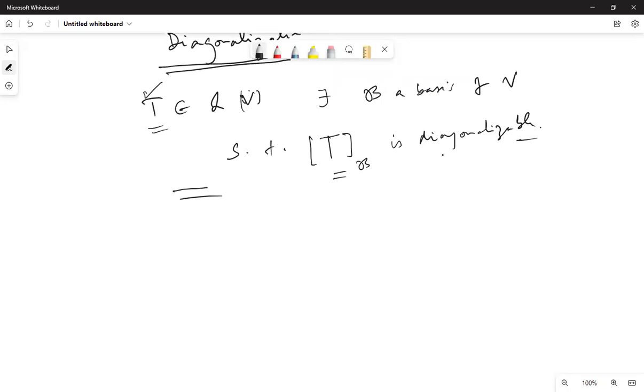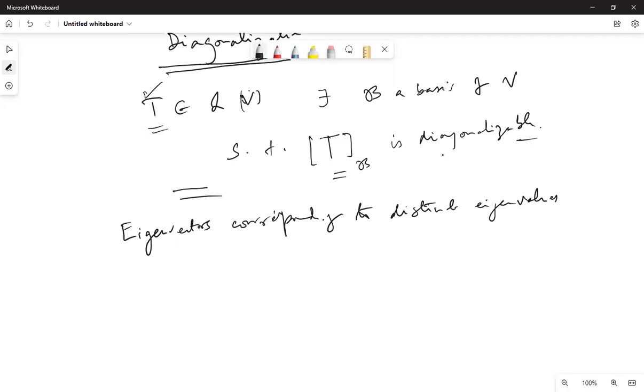So first proposition here: eigenvectors corresponding to distinct eigenvalues of a linear operator T in LV are linearly independent. Okay. Proof is easy.